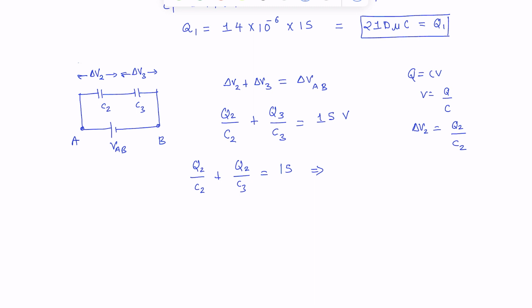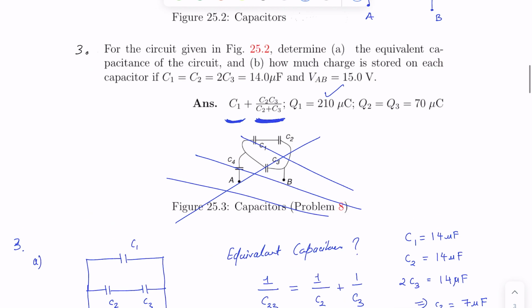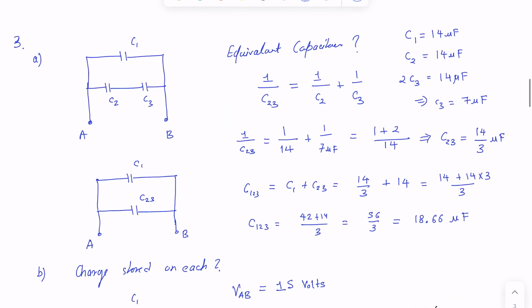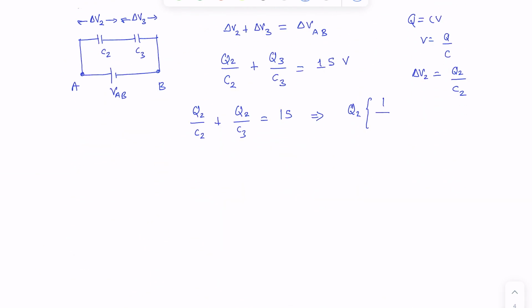Okay, let's do this. Q2, I'm going to take that as a common factor, 1 over C2. C2 is 14 and C3 is 7, and this is 15.